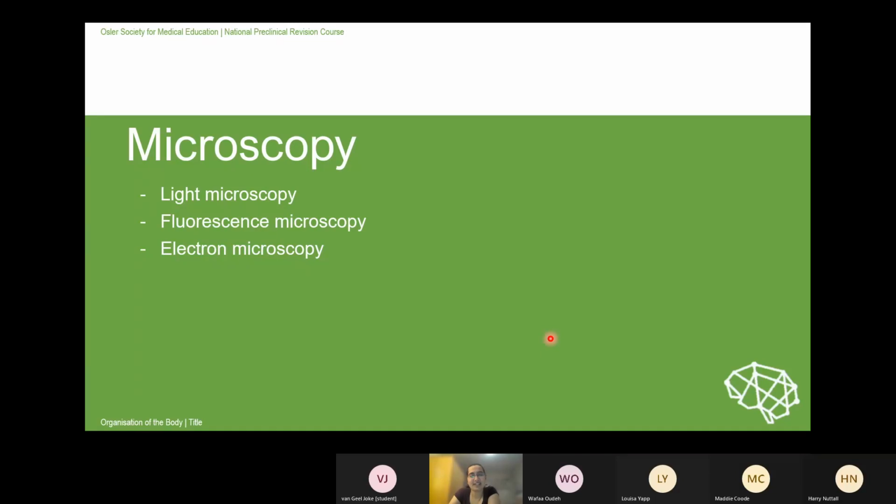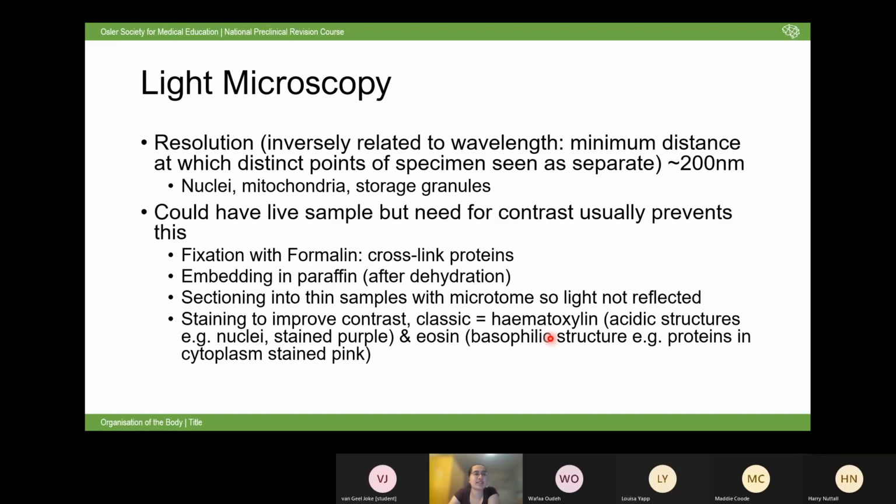So microscopy, in terms of light microscopy, this is obviously standard. The important thing for you to know is the definition of resolution. Resolution is how close together two different points on a specimen can be while we can still see them as separate.